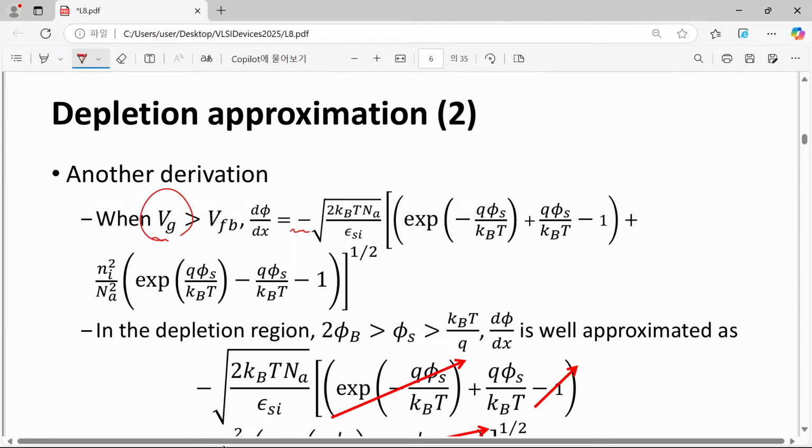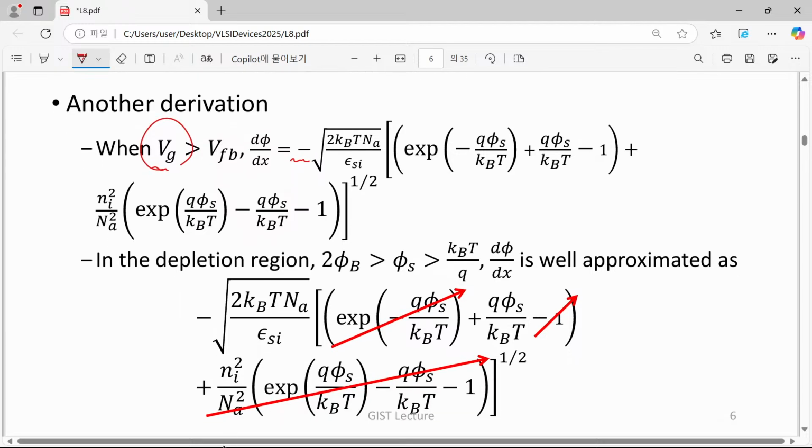And what I wanted to ask you is, please try to keep only important terms when we have this kind of typical condition for our depletion approximation. Surface potential is at least higher than thermal voltage. So maybe it is not that difficult to get this condition.